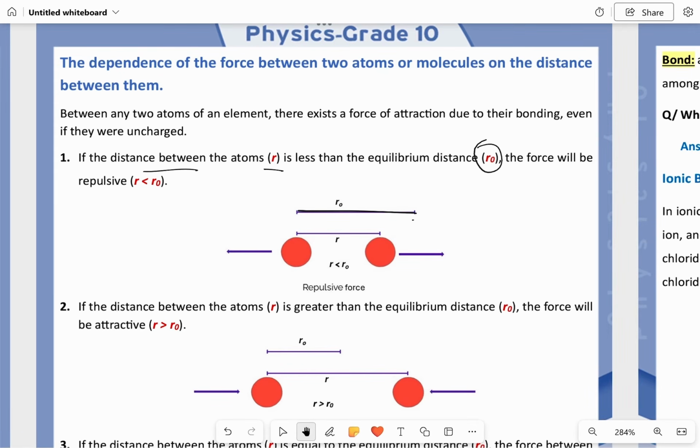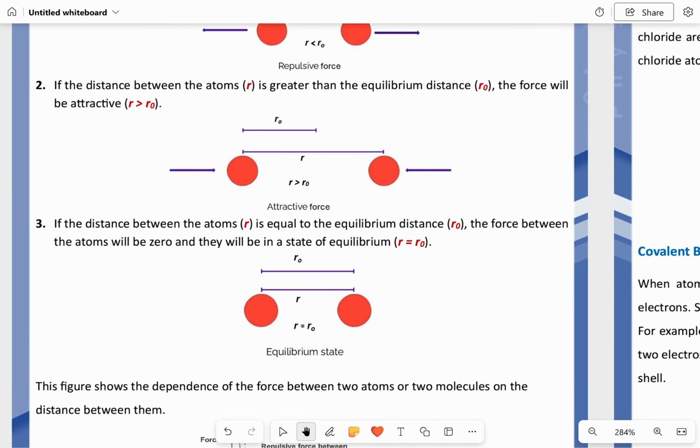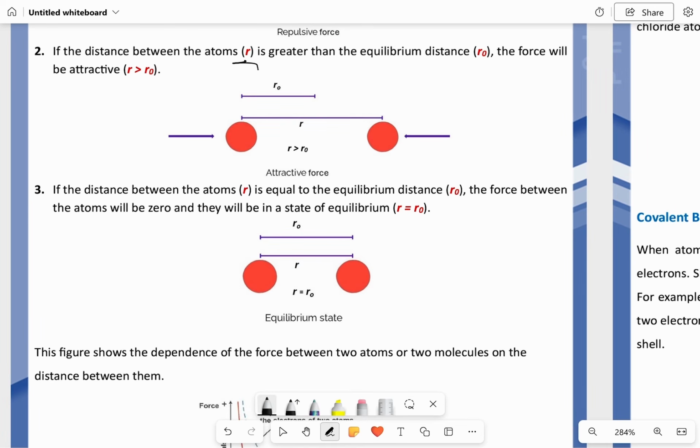If R is greater than R naught, the force will be attractive. If R naught and R are equal, the two atoms will be in a state of equilibrium and there will be no repulsion or attraction.